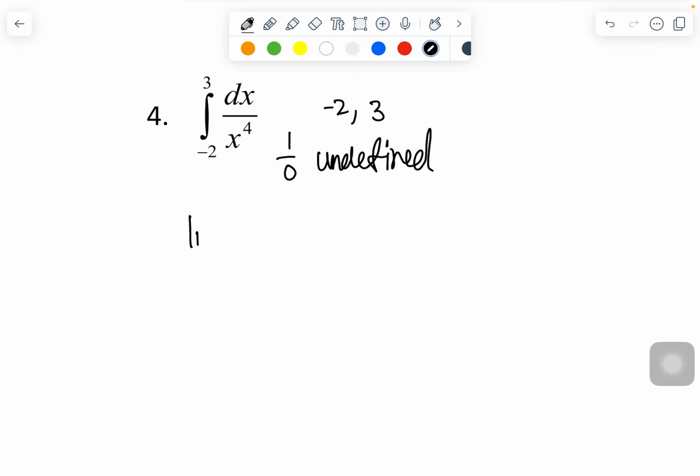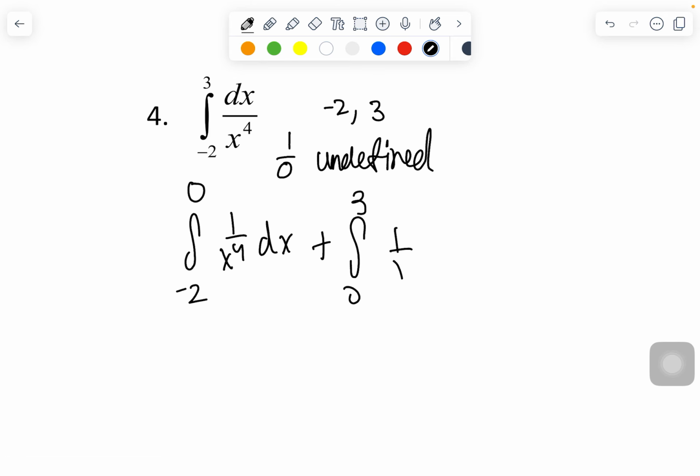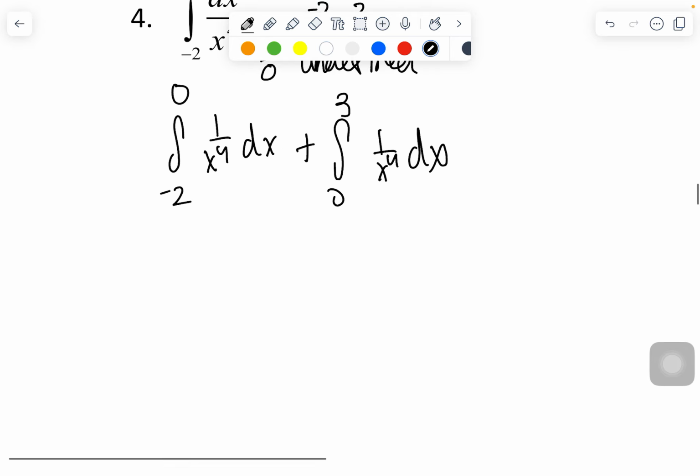So we can rewrite this as 2 different integrals.